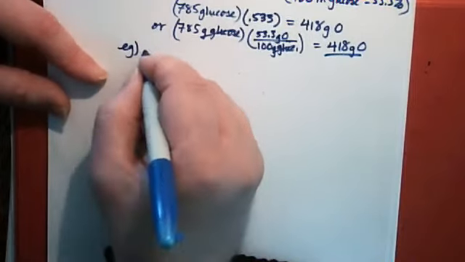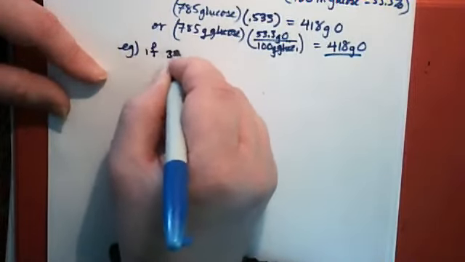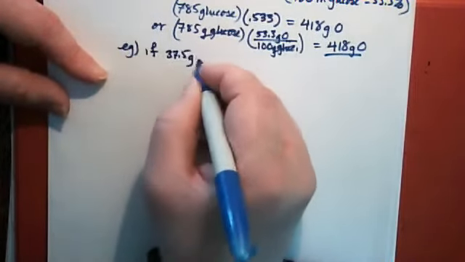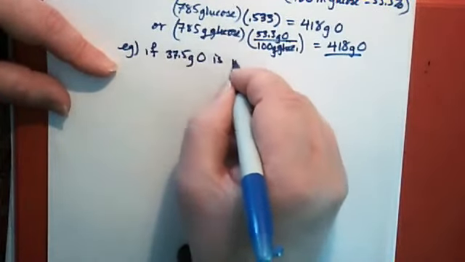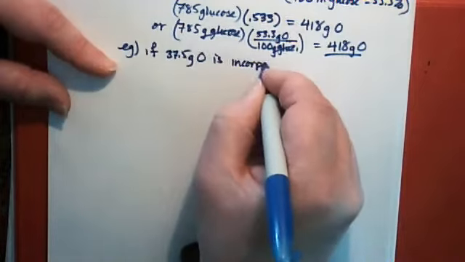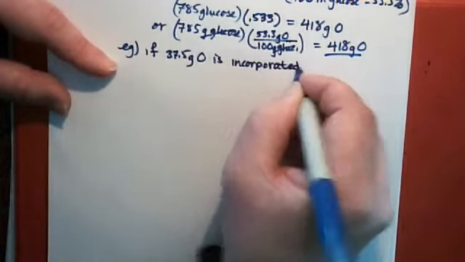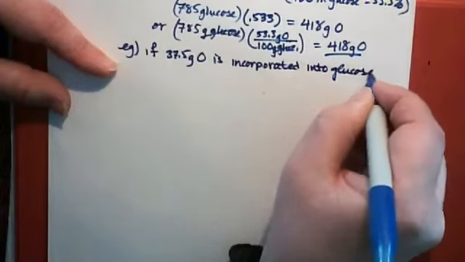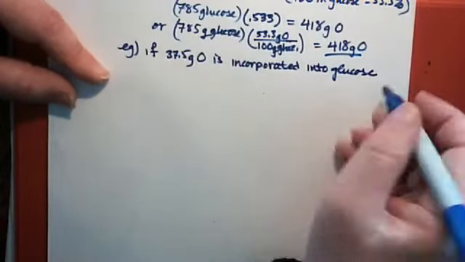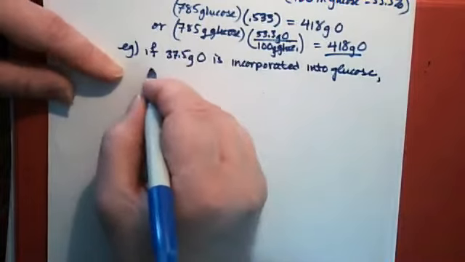Another example, if 37.5 grams of oxygen is incorporated into glucose, what mass of glucose results?